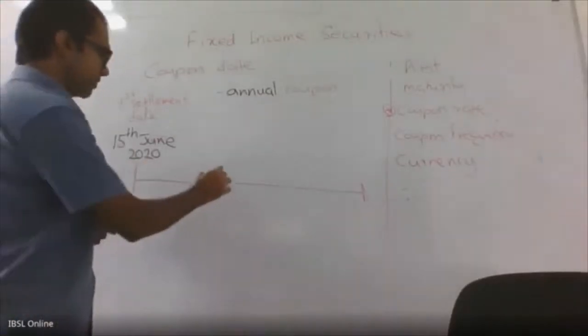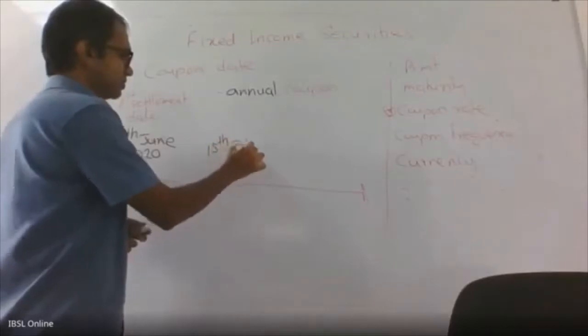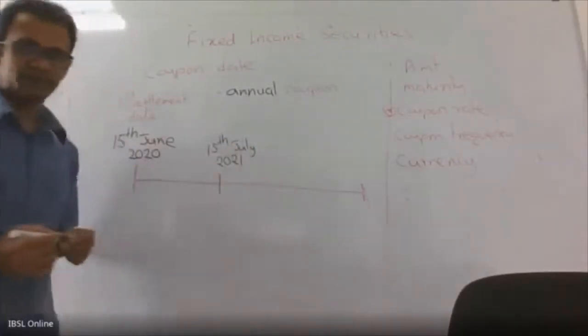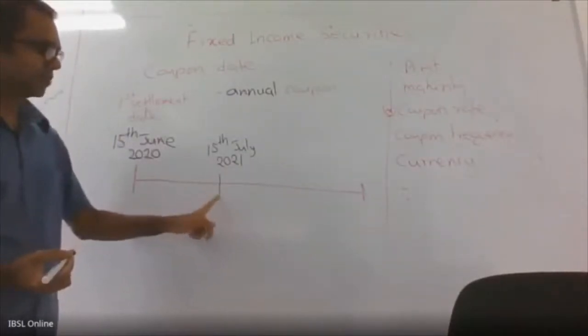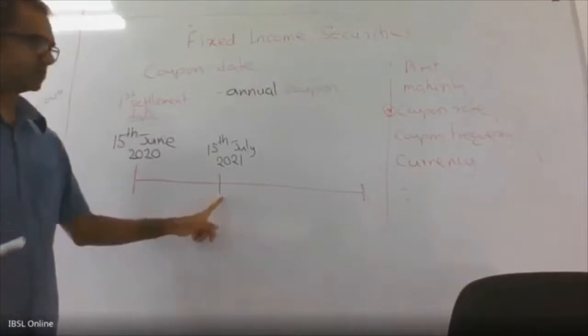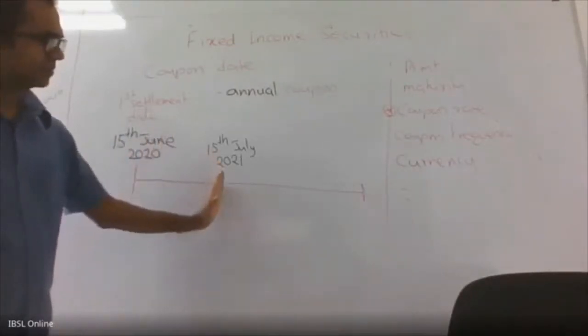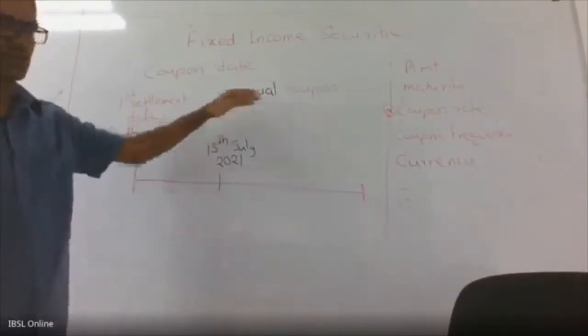The first coupon will be on 15th July 2021. We call that the coupon date. The government or whoever the issuer is will pay the coupon on that date if it is an annual coupon.